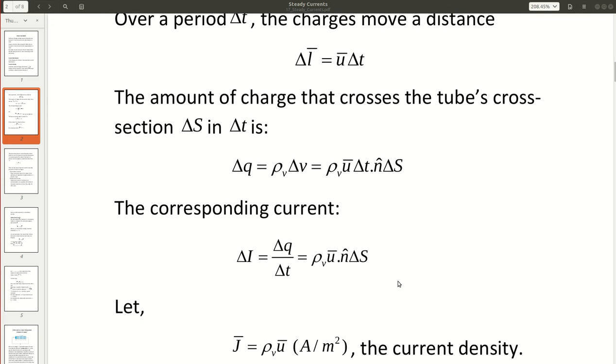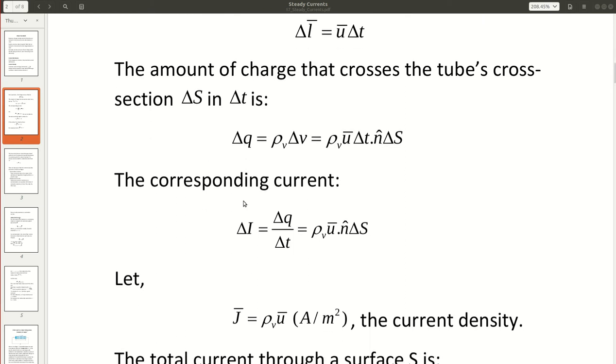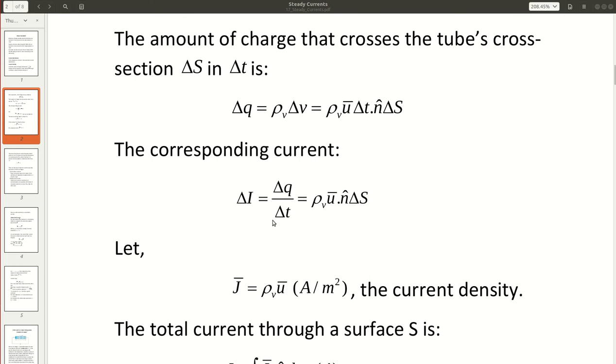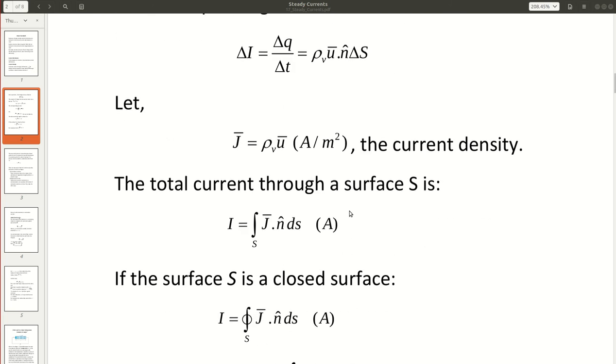This is the amount of charge crossing some surface. The corresponding current is the change in charge over the change in time, so it is rho v u dot n hat delta s. The current density is the current per unit surface, so it is rho v u only.